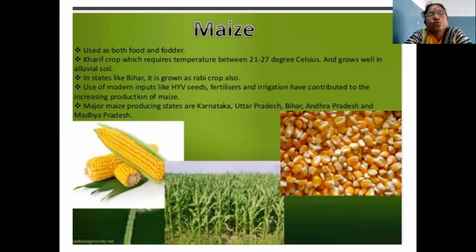The maize is grown in the states of Bihar, and it is a rabi crop. The use of modern inputs, that is with the coming of the green revolution, the high yielding variety of seeds, fertilizer, irrigation have been contributing to the increase of the production of maize. Major maize producing states are Karnataka, Uttar Pradesh, Bihar, Andhra Pradesh, and Madhya Pradesh.